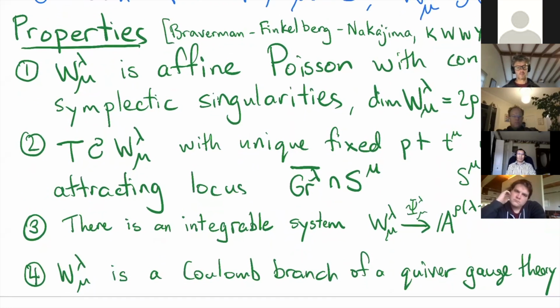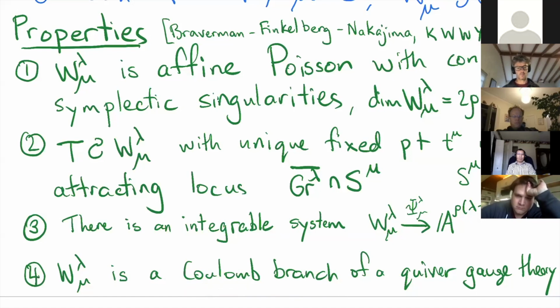Okay. So now comes point 4, which is a sort of new point, and I will come back to this much later in the talk, is that this space W lambda mu has an incarnation as a Coulomb branch. So this is a theorem of Braverman, Finkelberg, Nakajima.